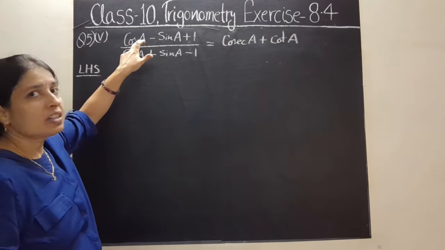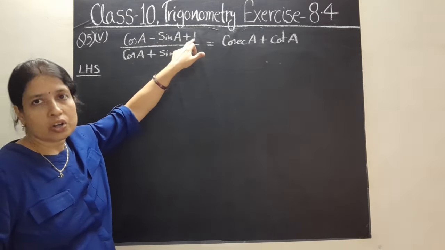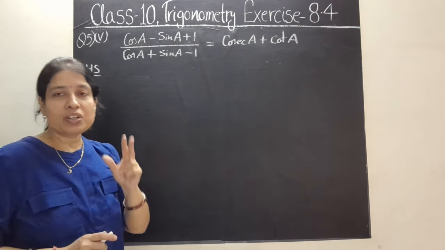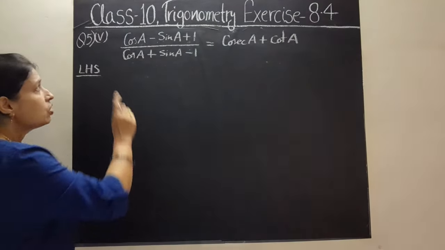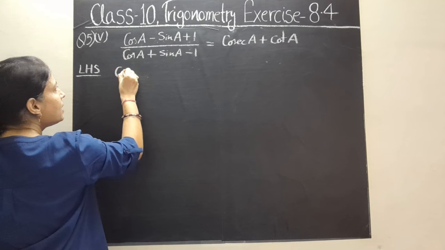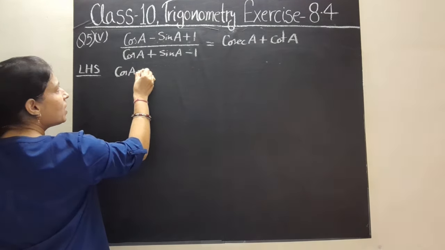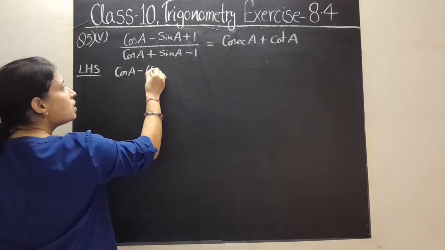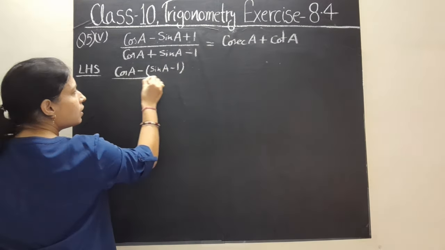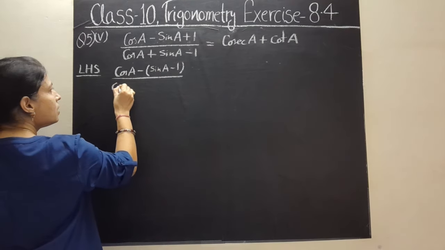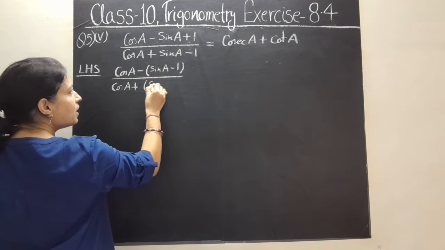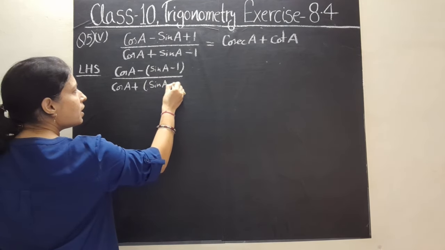LHS में ऊपर के terms cos, sin और 1 हैं, नीचे के terms में भी cos, sin and 1 है, केवल sin का अंतर है. Okay, so take common minus sign from here. So you can write cos a, take common, then it becomes sin a minus 1, and in the denominator write cos a plus, second term will be like sin a minus 1.